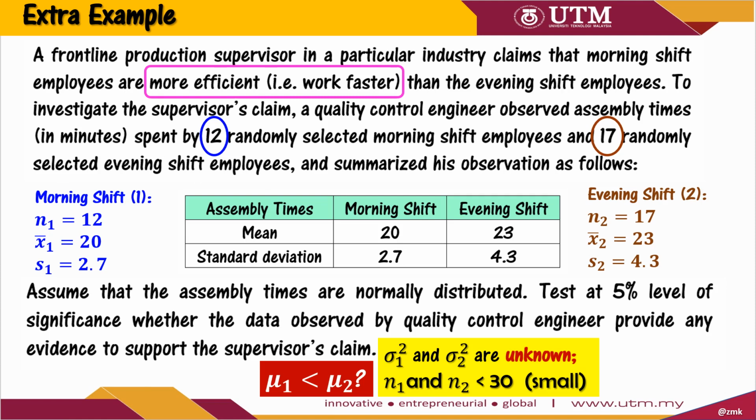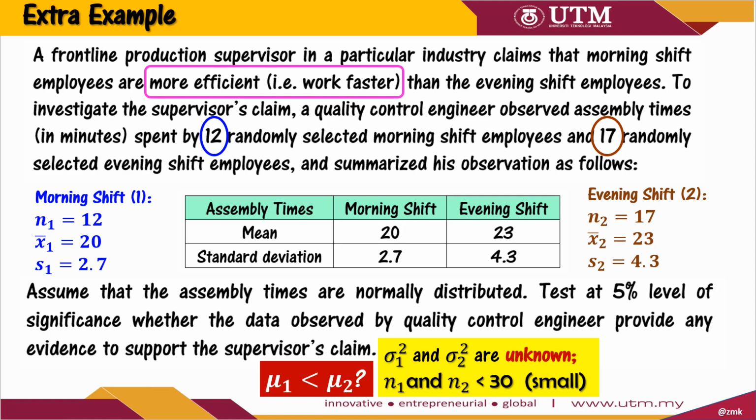But which one? Is it case 3A or 3B? Look again at the question. Is there any assumption on population variances mentioned anywhere in the question? What we only know is that the assembly times are assumed to be normally distributed, and that's it.